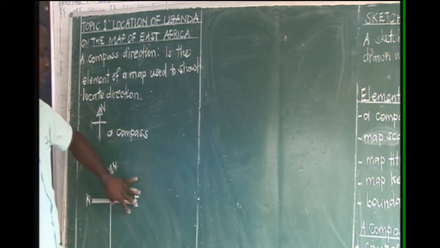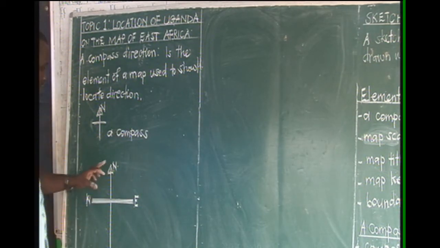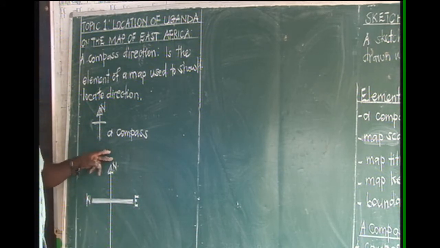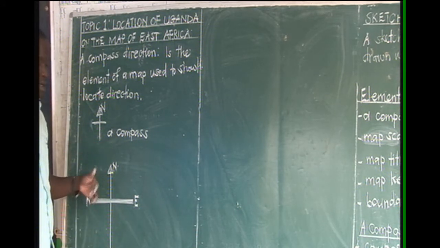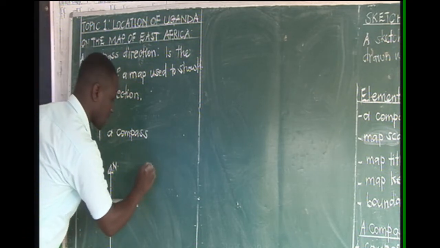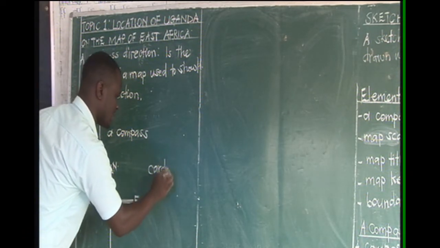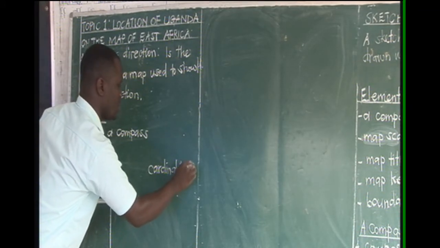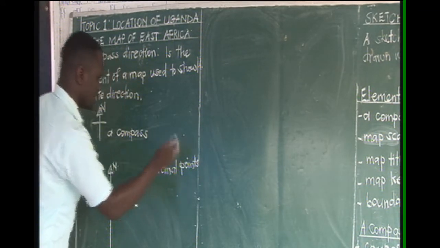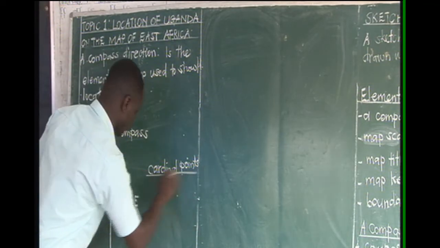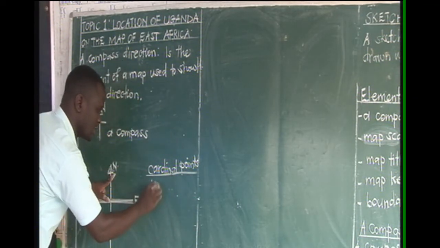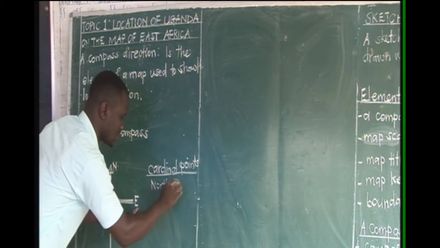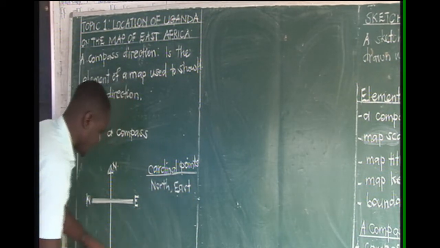These first major points are the ones that we call cardinal points. Remember that. We learned about this in P4 and P3. Those are the cardinal points of this compass direction. They include north, east, and then south.